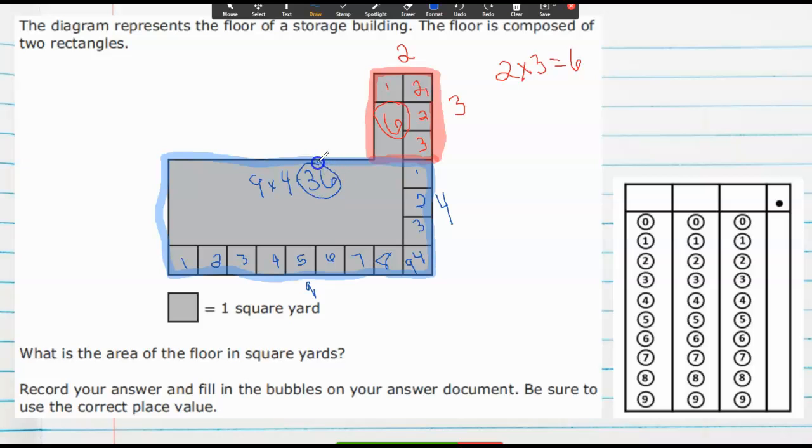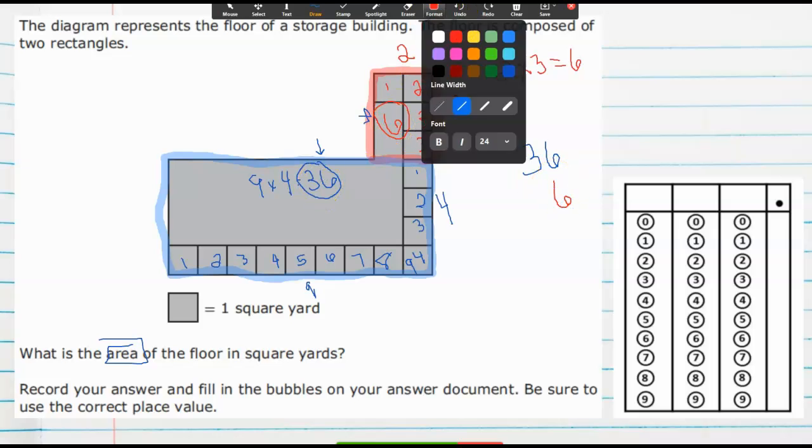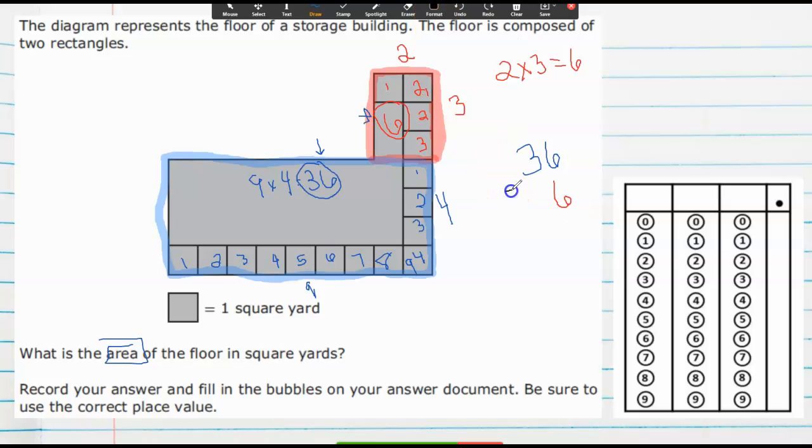Now, I have two answers right now. I have 36 and I have 6. Now, I need to know all of the area, right? So that means I'm going to take 36 from over here, and I'm going to take 6 from over here, and I'm going to add them. 6 plus 6 is 12. 3 plus 1 is 4.